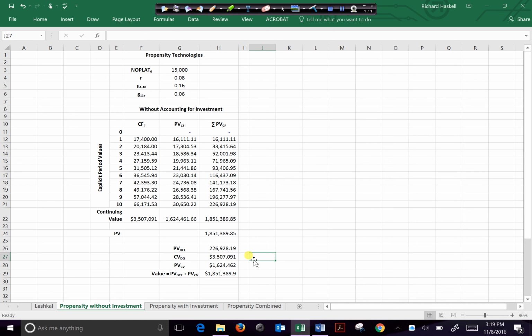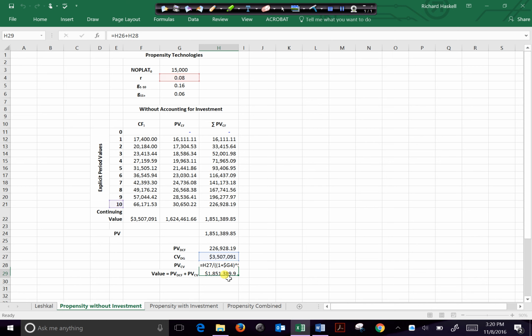Well, we know that that number lives out here in time 10, because that's when P0 lives, at the last year of the explicit period. And so we want to discount that back, and I do that in this next cell, such that we're now looking at the income variable that we have in the continuing value, and we're dividing it by 1 plus the discount rate to the power of the number of years, which is the power of 10.